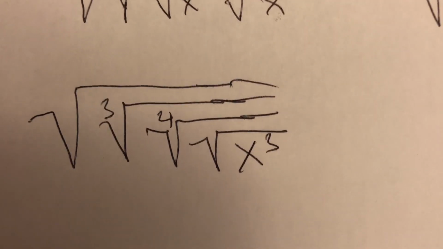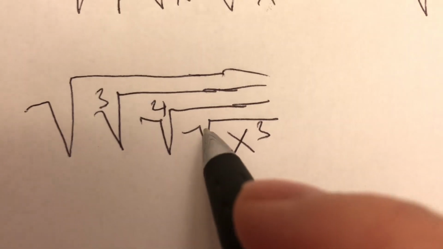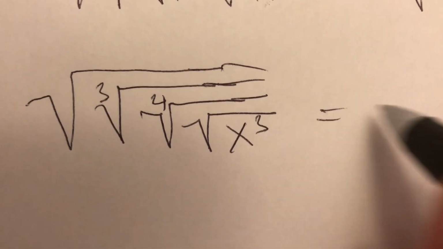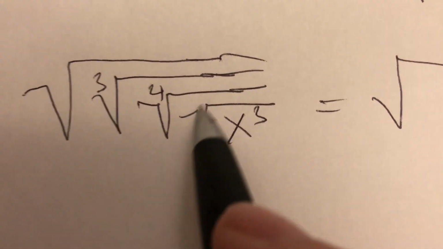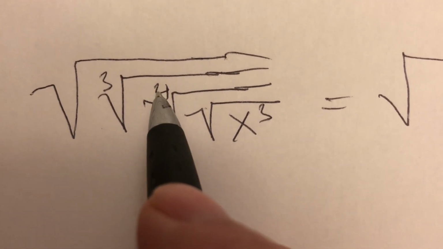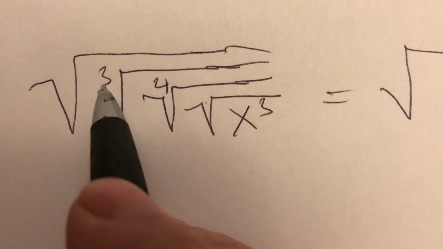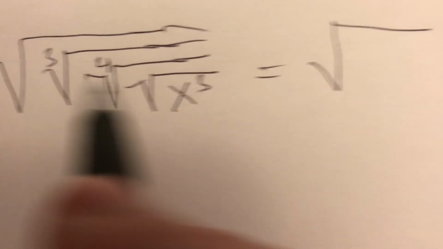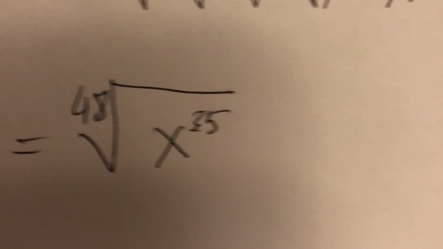And in the end I just multiply the indexes. So looking here, 2 times 4 is 8, times 3 is 24, times 2 is 48. So the index is 48. And x already was 35. So x to the 35. This is the final answer.